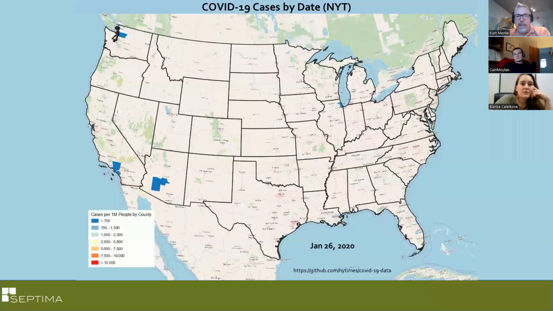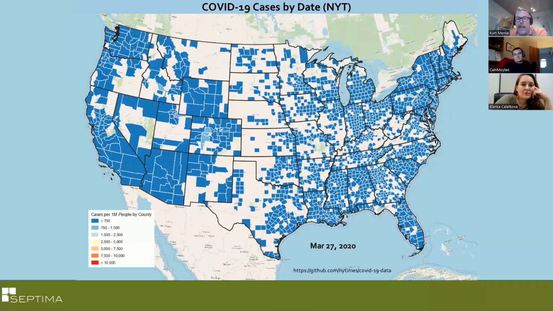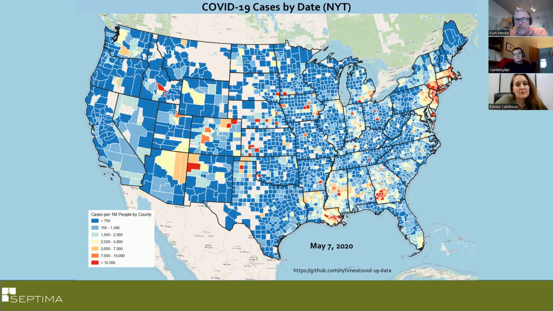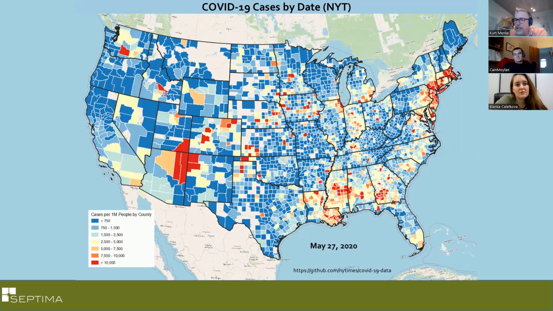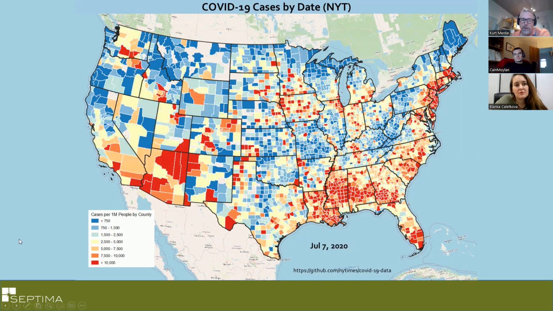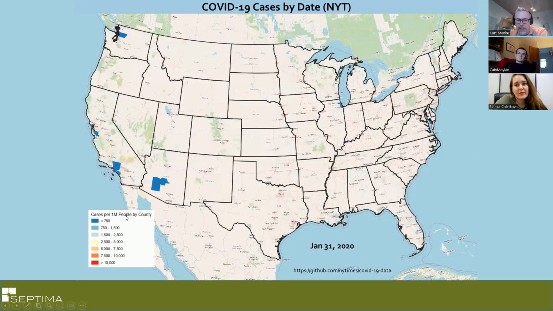And then when COVID-19 hit, I created this temporal animation from the New York Times open data of the outbreak in the United States in the first 6 months. You could see the parts of the country where it started. I did this as cases per 1 million people, so you got not just a density of people, but density of cases.